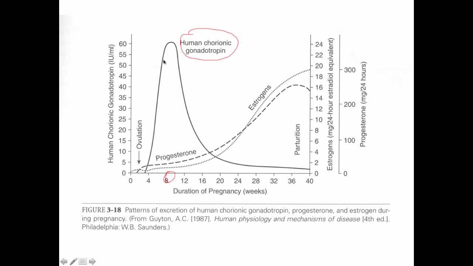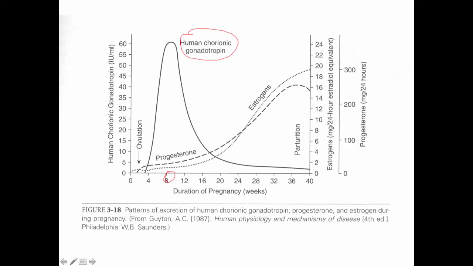And you can kind of see around the same time when HCG drops, around the end of that first trimester, a little bit longer, you start to see the placental production of progesterone and estrogen rise. Okay? So in addition to HCG, progesterone and estrogen are two major hormones that the placenta will produce.